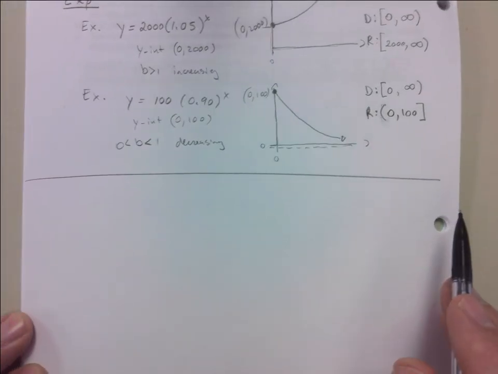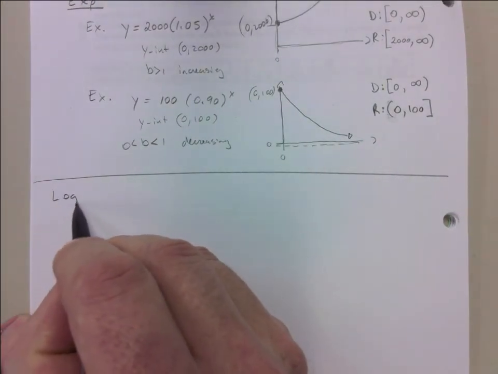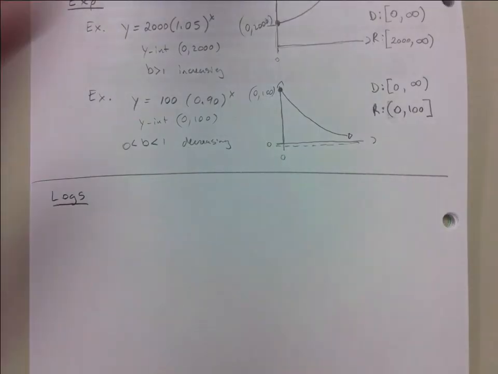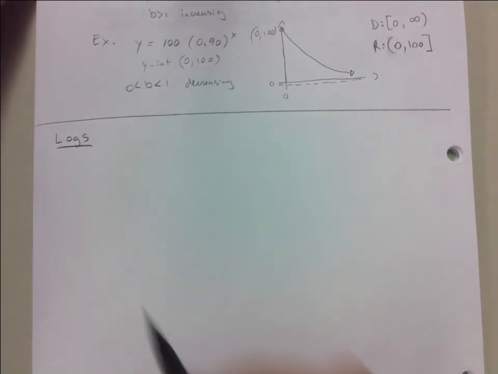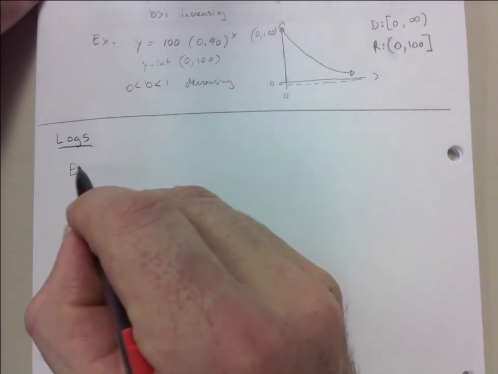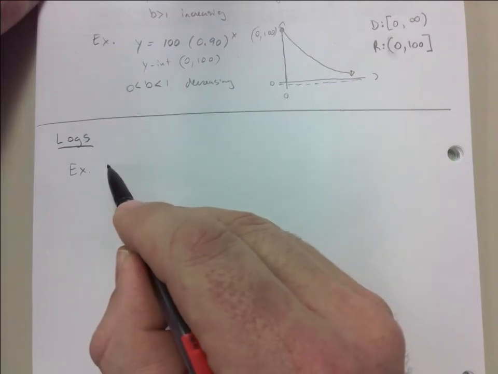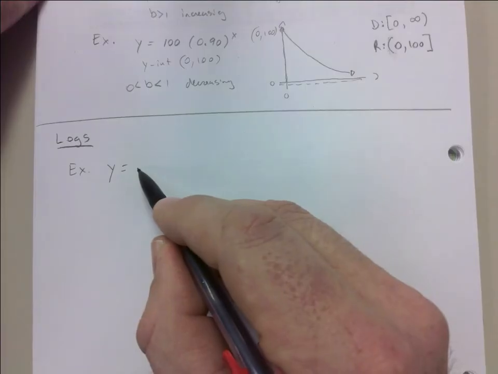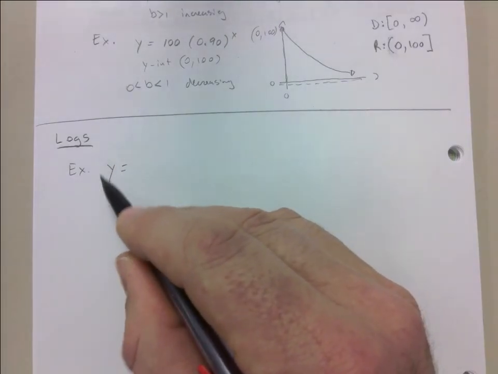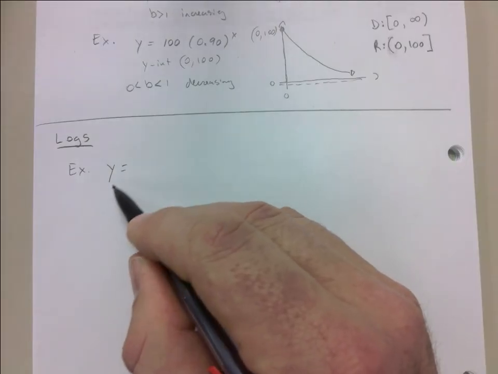When you do logarithmics, it looks like this. So I'm going to give you 2 examples. So you either have, I shouldn't use y all the time because it'll be a, m, t, it could be anything.